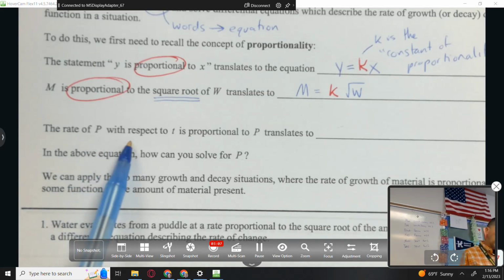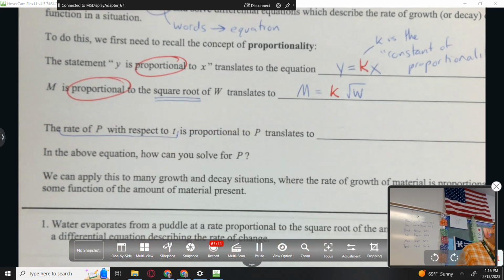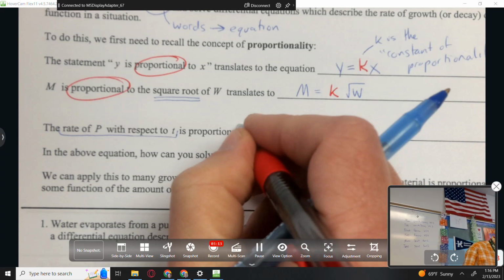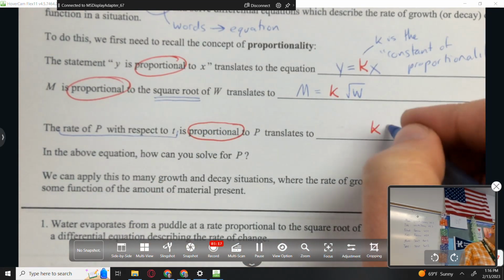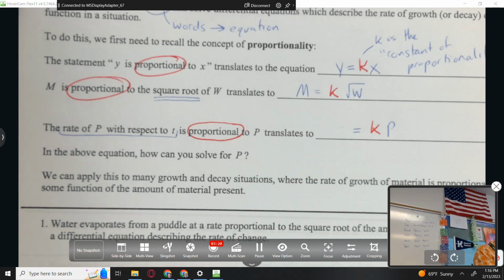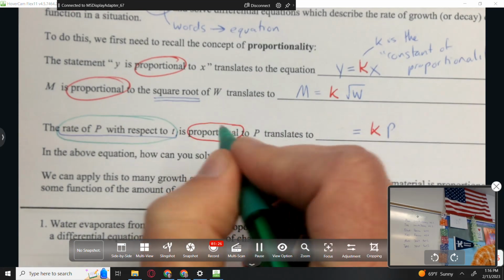The rate of p with respect to t is proportional to p. Proportional would be k, p would be p. But what is the rate of p with respect to t? dp/dt.